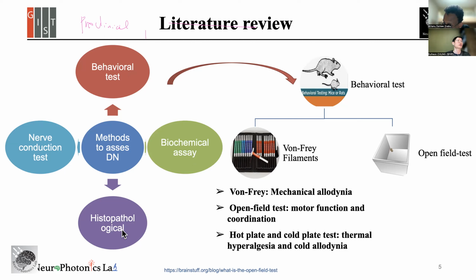Tests, assay, preclinical methods to assess, right? Preclinical, or it's like this nerve control. This can be even clinical as well, though, but behavior is more like preclinical. Clinical methods to assess the severity of diabetic neuropathy.